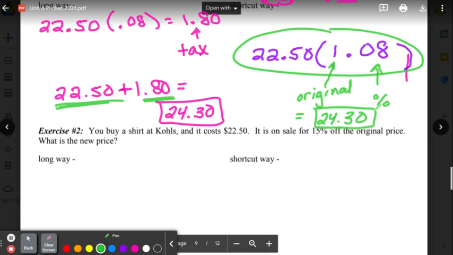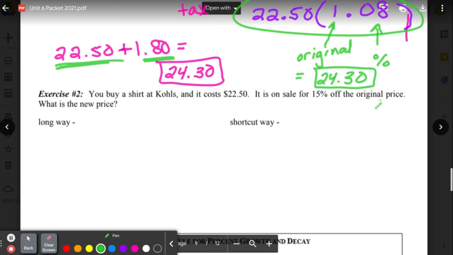Now we're going to come to exercise number 2. We're still buying a shirt, but now we're not going to worry about the tax. This shirt is on sale for 15% off. Okay, so that means it's going to be less money. So what we're going to do the long way, we're going to do 22.50 times. Now we need to convert 15%, so we're going to move the decimal 2 places to the left. So it's 0.15.